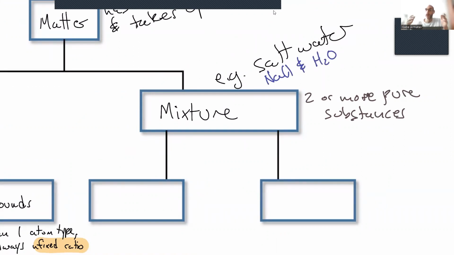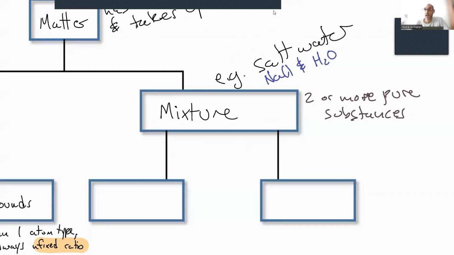Those two things are combined together, around one another. Salt and water count as a mixture, two or more pure substances together. Sodium chloride is a compound. Water is a compound because they're both fixed: 1 sodium, 1 chloride, 2 hydrogens, 1 oxygen for water.